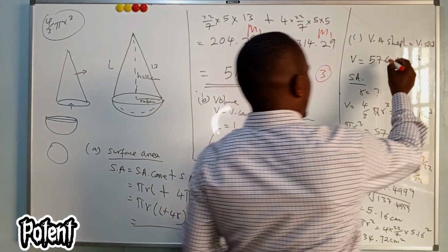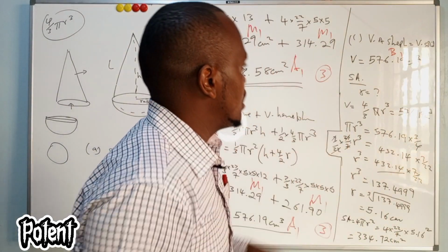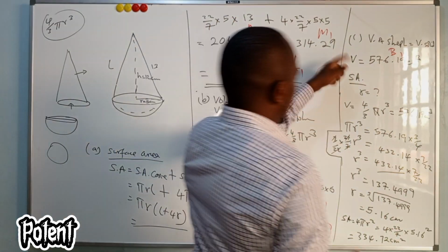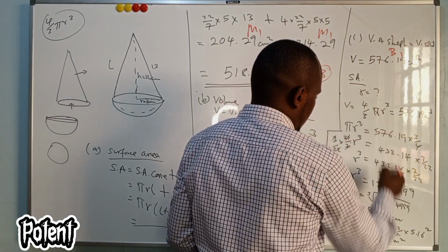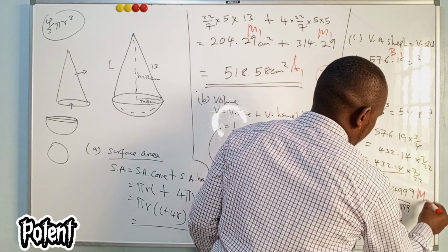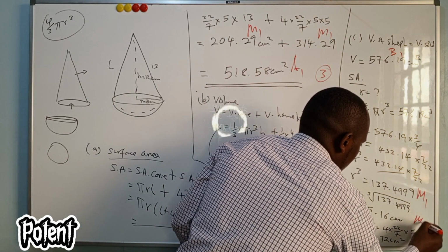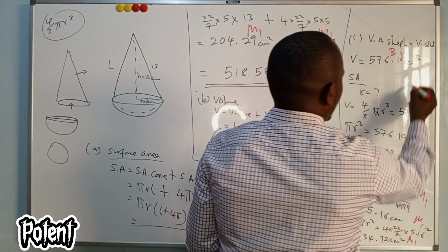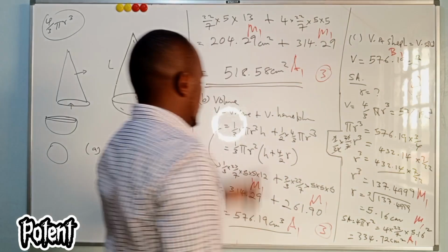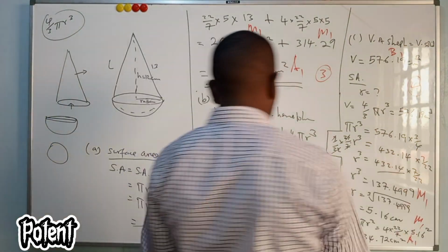So this one you can get a bonus 1 because it is easy, it is a concept. Then to find this radius you will get M1, and then the surface area, the method here, M1 and then A1. So if you calculate this, you have 4. Now 3 plus 3 plus 4, you have your 10 marks.